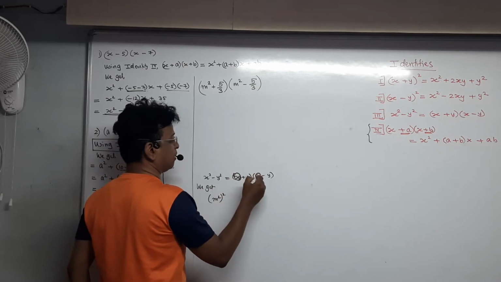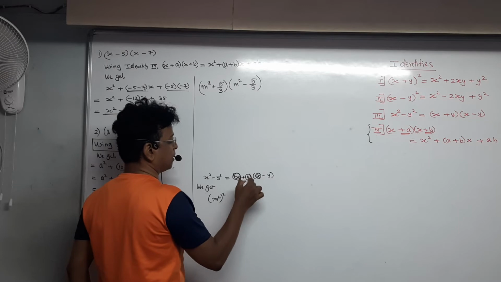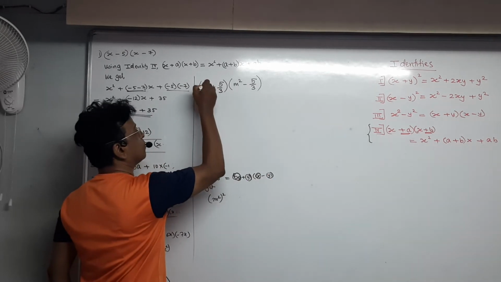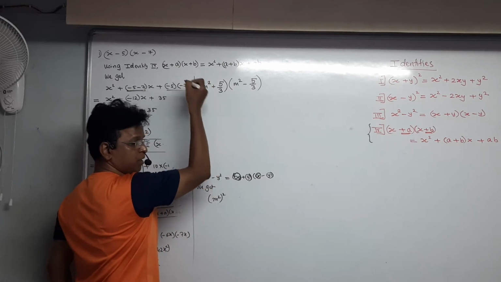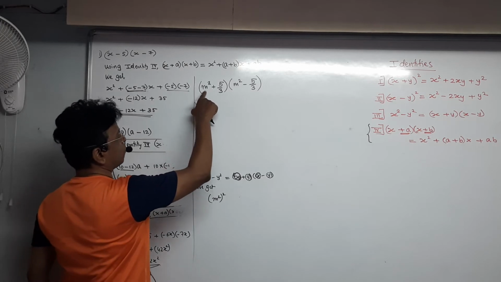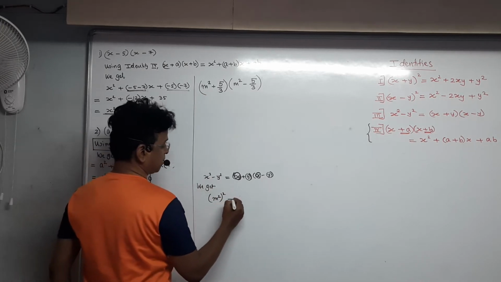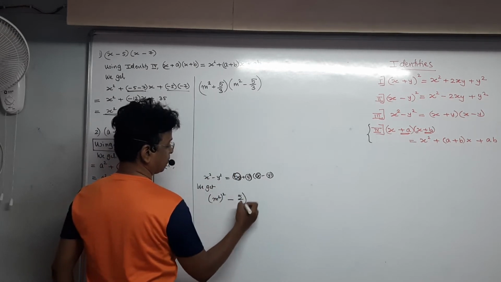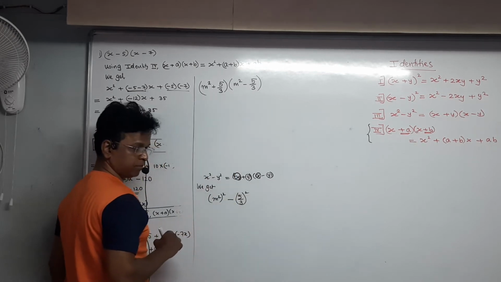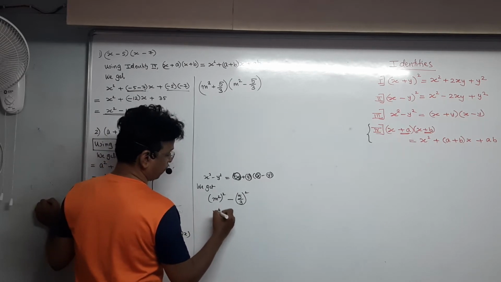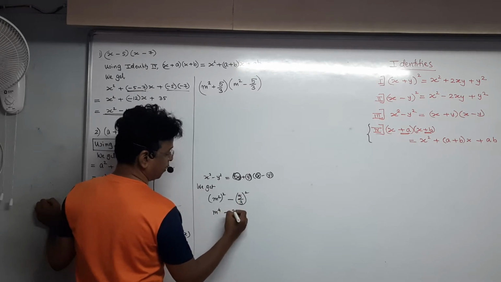So here m square is present, so you will take the square of m square. Minus whatever is present over here, you take the square of that. So this will become what now? m raised to the power of 4, minus this will become 25 upon 9. This is your final answer.